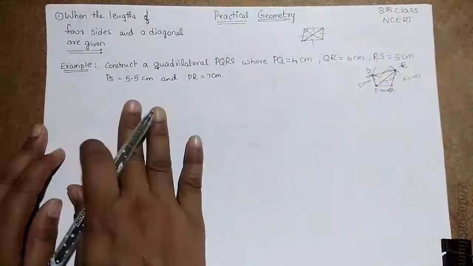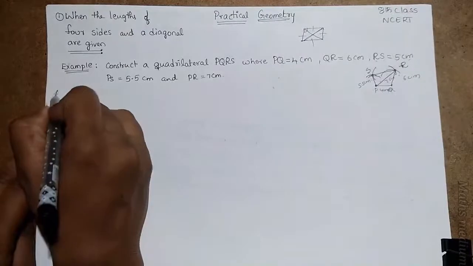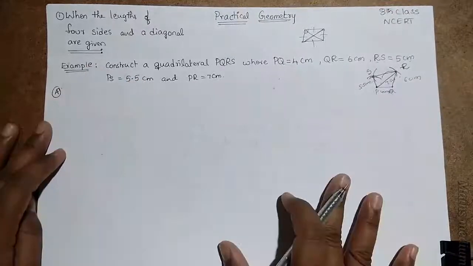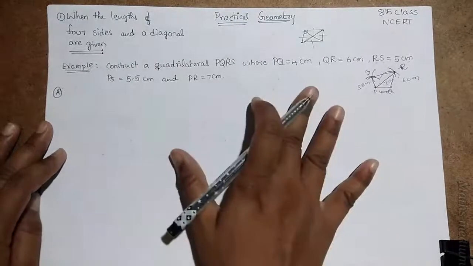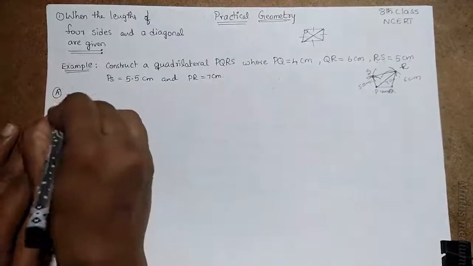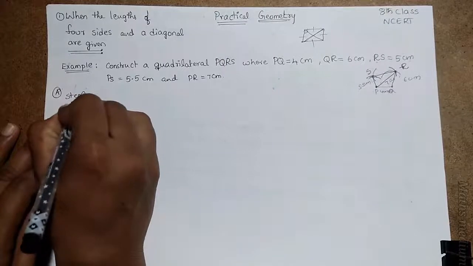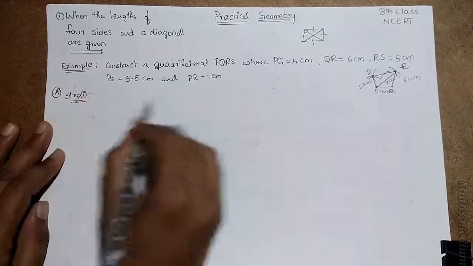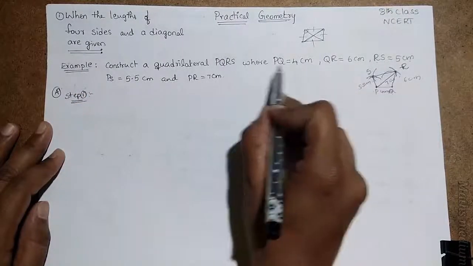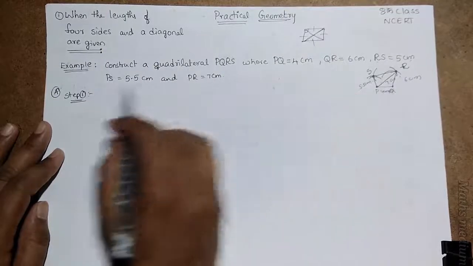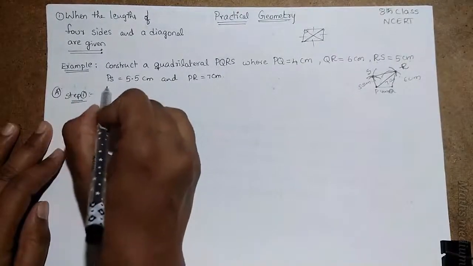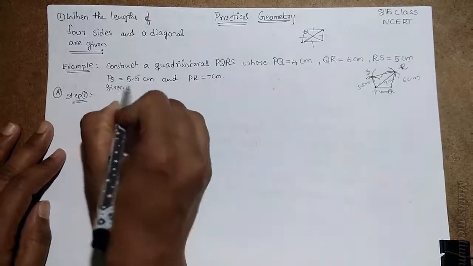Now let's start with the original construction. I am giving the step by step procedure for the construction of any quadrilateral. Let's move into step 1. Before going into step 1, we have to write what is given in the question.